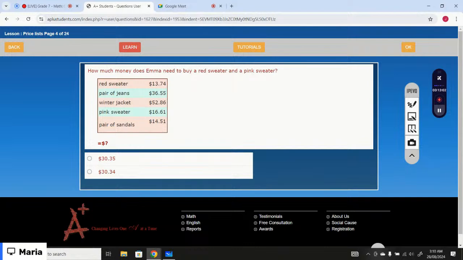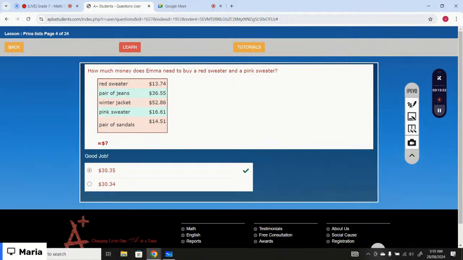The price of the red sweater is 13.74 and the price of the pink sweater is 16.61. So when you add that, it costs $30.35. So option number 1 is the correct option, $30.35.